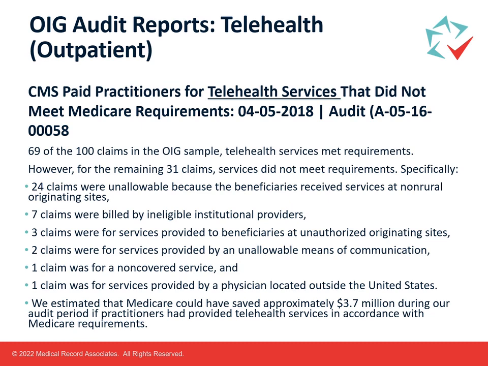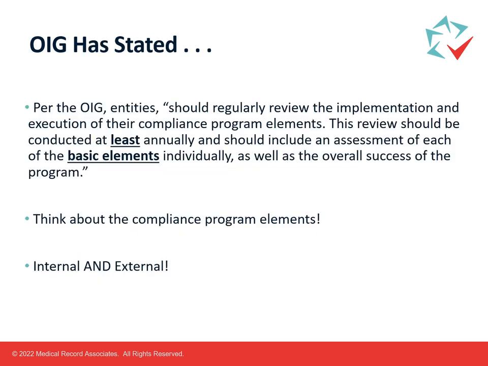So the technology communication was not allowed. 1 claim had non-covered services. 1 claim had a provider physician located outside the United States, which is not allowed. So you can see that there's a variety of areas that we can then proactively look at. We would take each of these focused areas that they found problems, and we would check to see if we have any problems in this area as well.